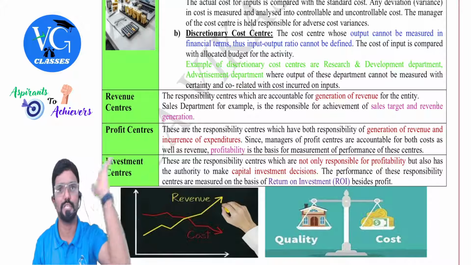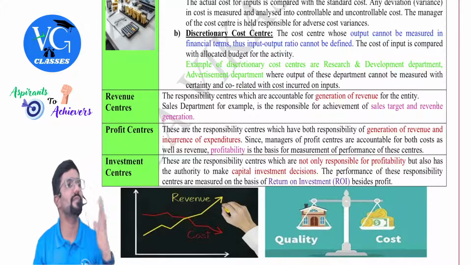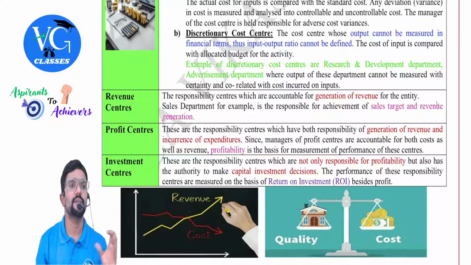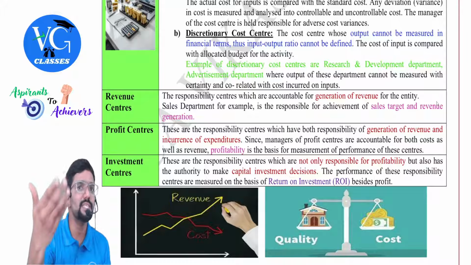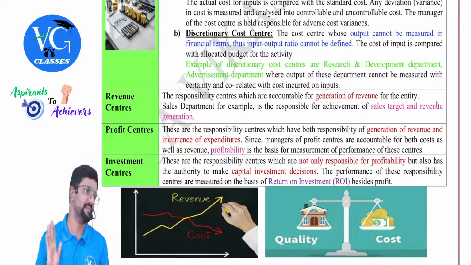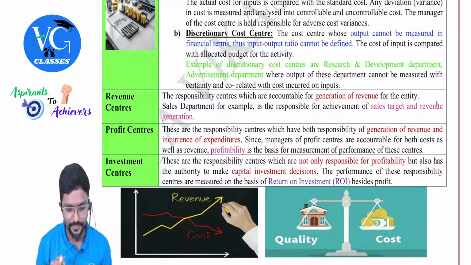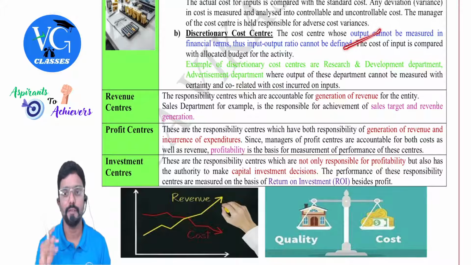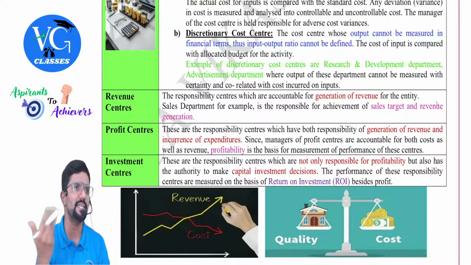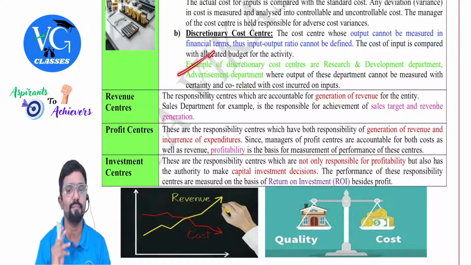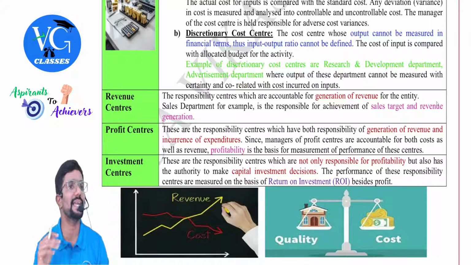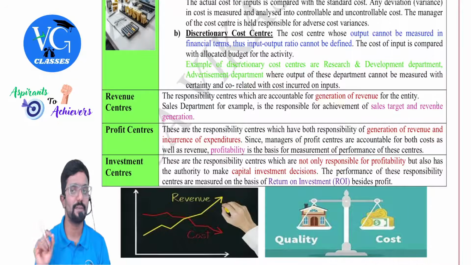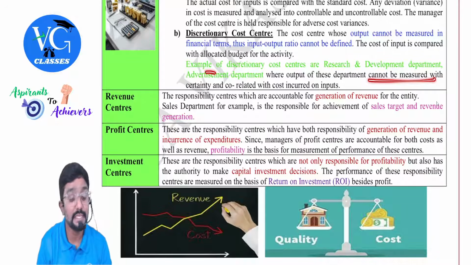For marketing, so much. For research and development, they will set a budget of so much. We should ensure that whatever cost we are actually incurring is within that. The cost of input is compared with the allocated budget for an activity. Examples of discretionary cost centers are R&D or the advertisement department, where the output of this department cannot be measured with certainty.